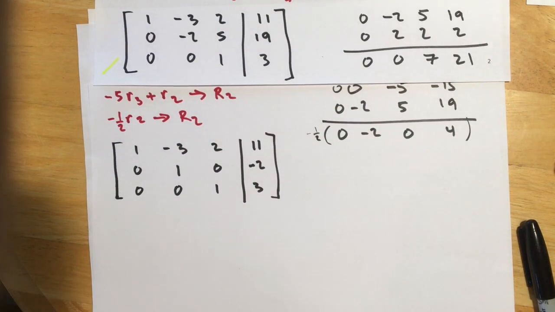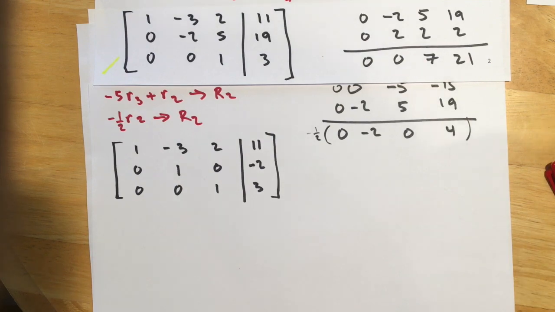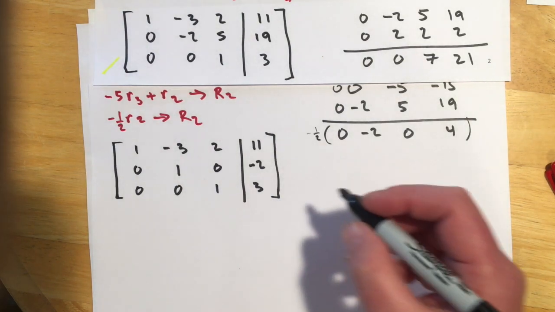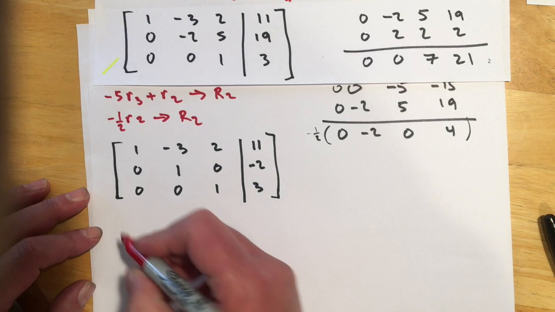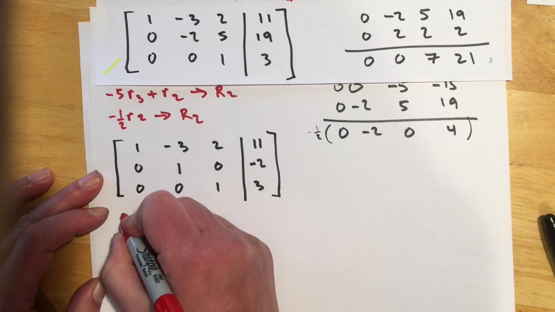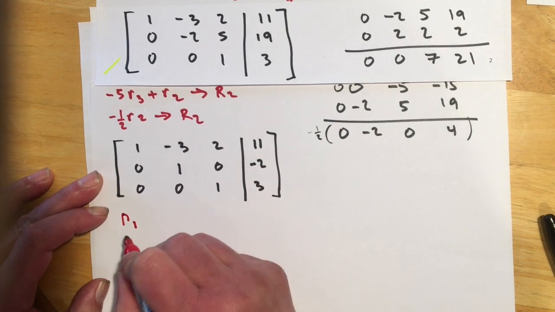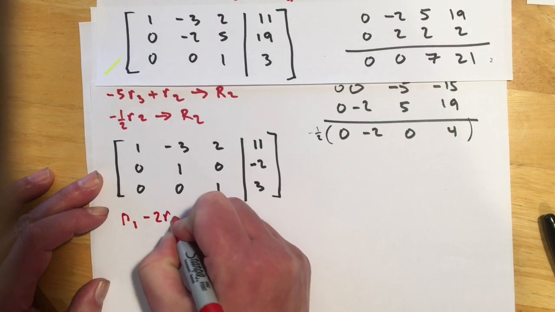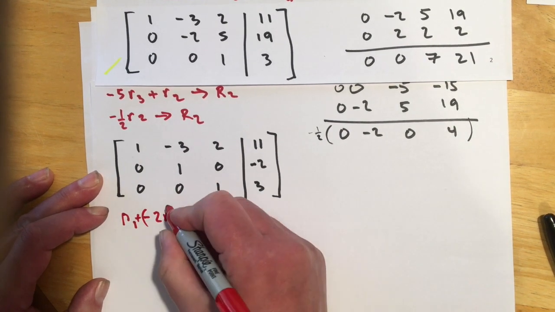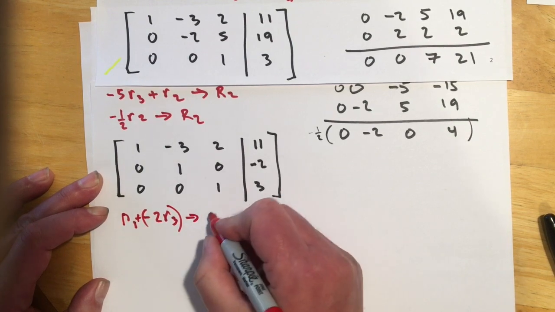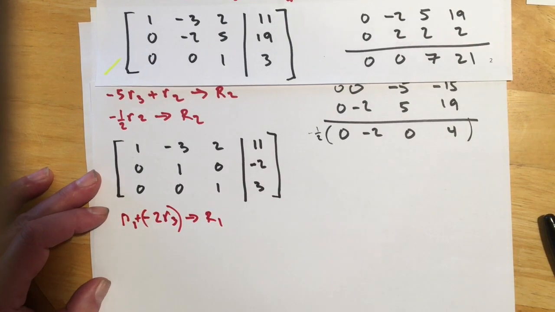So then I need to knock out that 2 and that 3 if I'm going for reduced row echelon form. To do that, we're going to go row 1, and then -2 row 3, or plus the negative of 2 row 3, I guess, is going to make my new row 1.